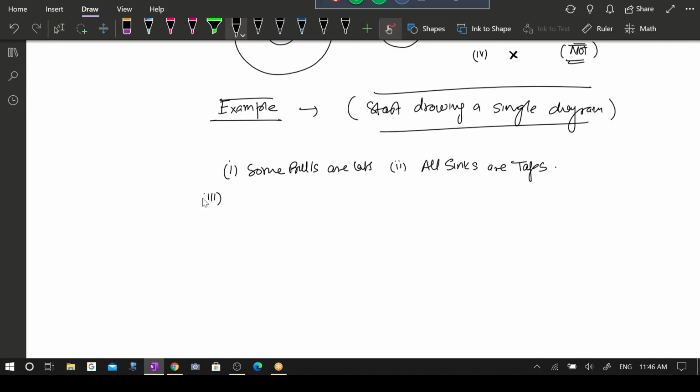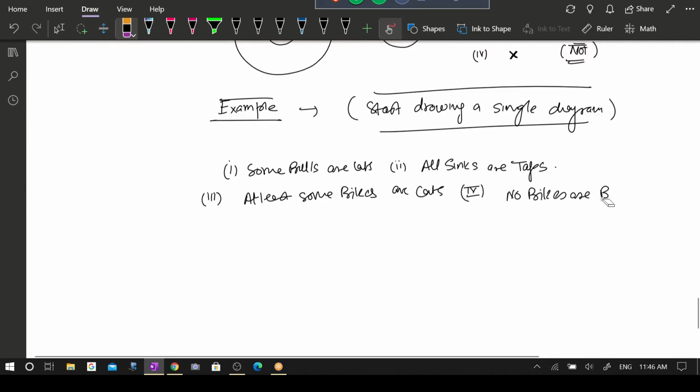Third statement, at least some bikes are cats, and the fourth statement is no bikes are sinks. See, listen to me, huh? All of you. Some bulls are cats, all sinks are taps, at least some bikes are cats, no bikes are sinks.